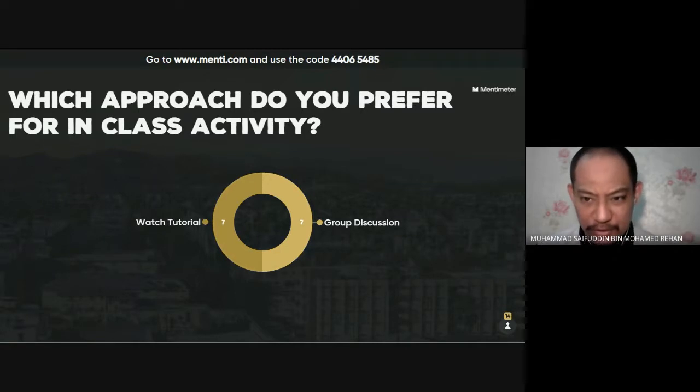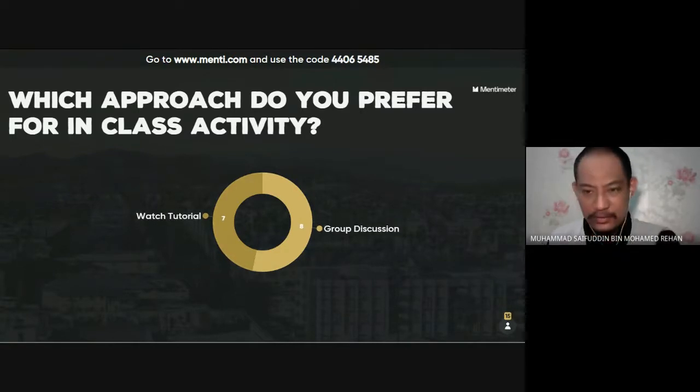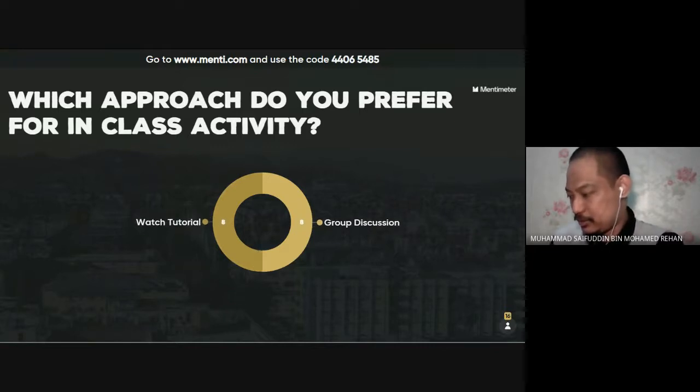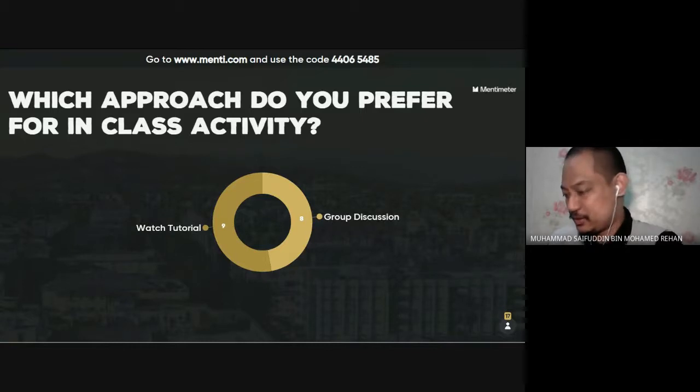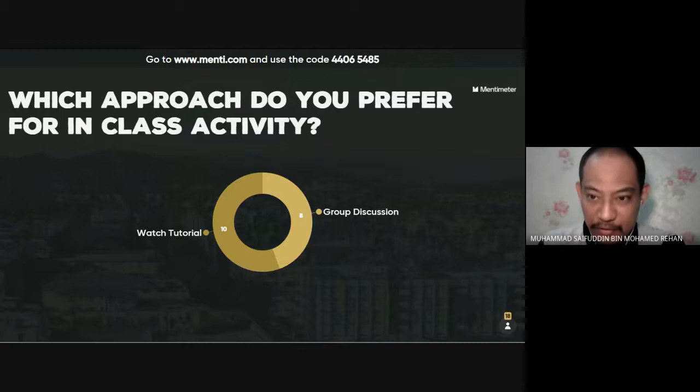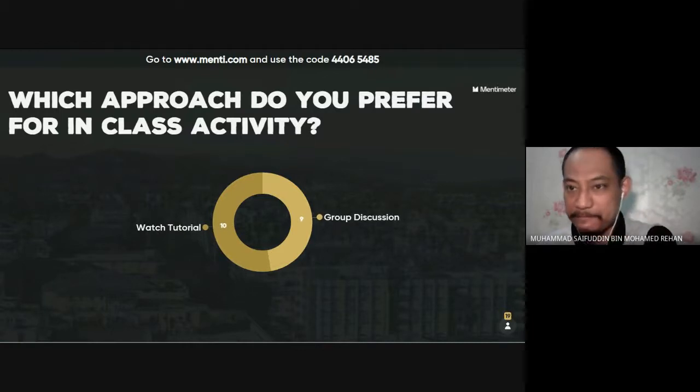So how many students are there? This is 30. Someone is not here. How many students is this section? 35, should be 35. So some students are not here.